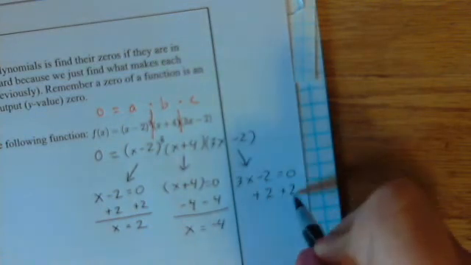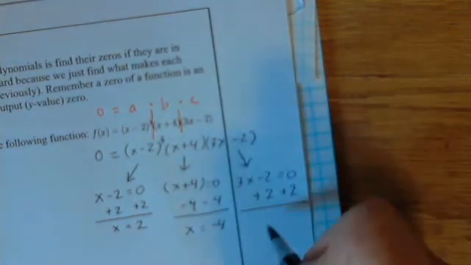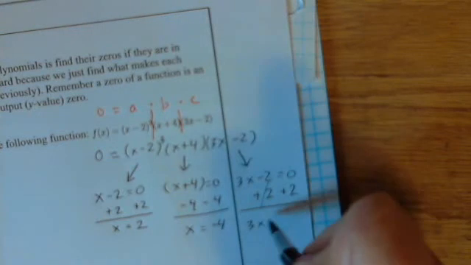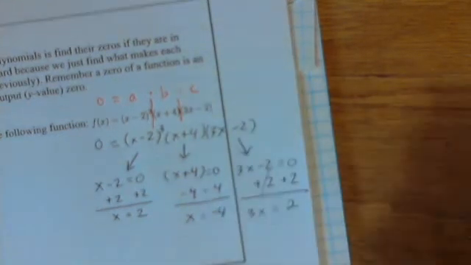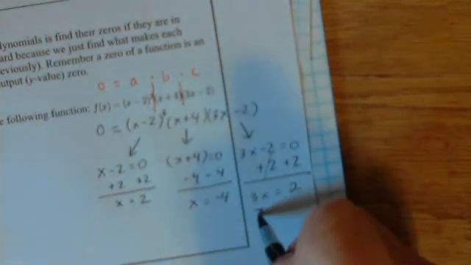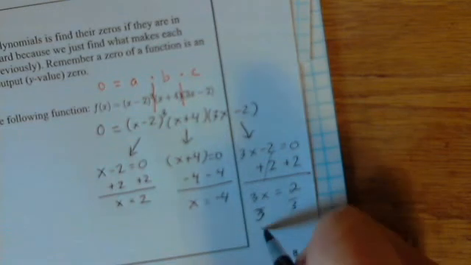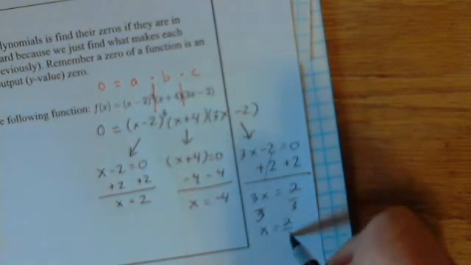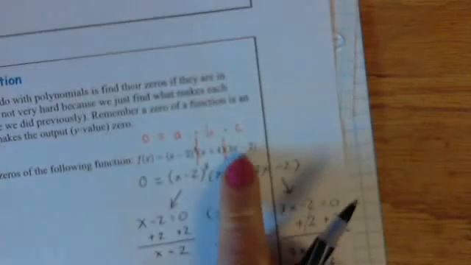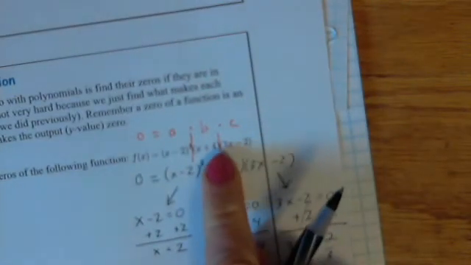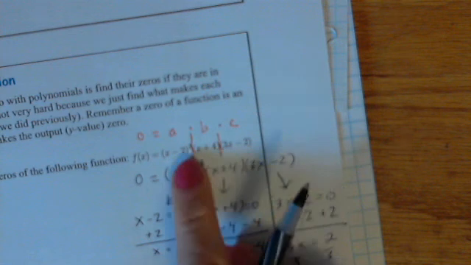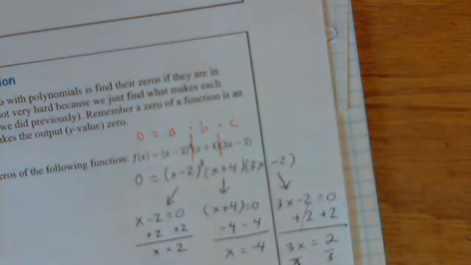I need to add 2 to both sides, bring down 3x equals 2, divide both sides by 3, and I get x equals 2/3. So putting 2/3 here in the function, times 3, I get 2. 2 minus 2 is 0, and again it will zero out the rest of the function.